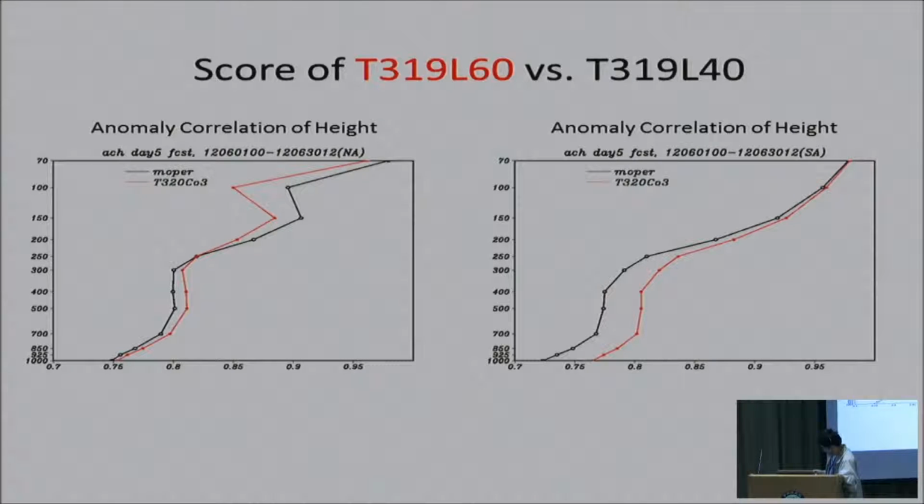You can see below 250 millibar the anomaly correlation of L60 is better than the operational model L40, but above 250 millibar the operational model is better than L60. However, in the Southern Hemisphere, L60 is better than the operational model.